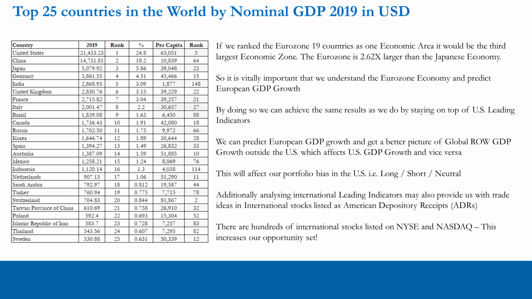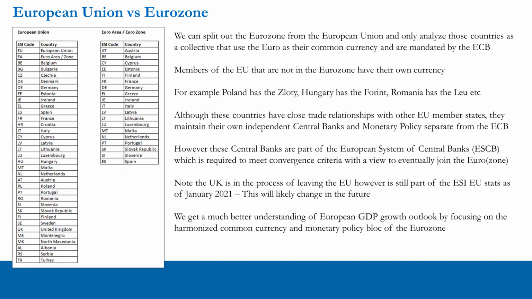Now, for clarity purposes, let's define the European Union and the Eurozone. In the table on the left-hand side of the screen, you can see all of the countries in the European Union and all of the countries that make up the Eurozone. We treat them as two separate entities as traders and PMs, and we focus on the Eurozone.